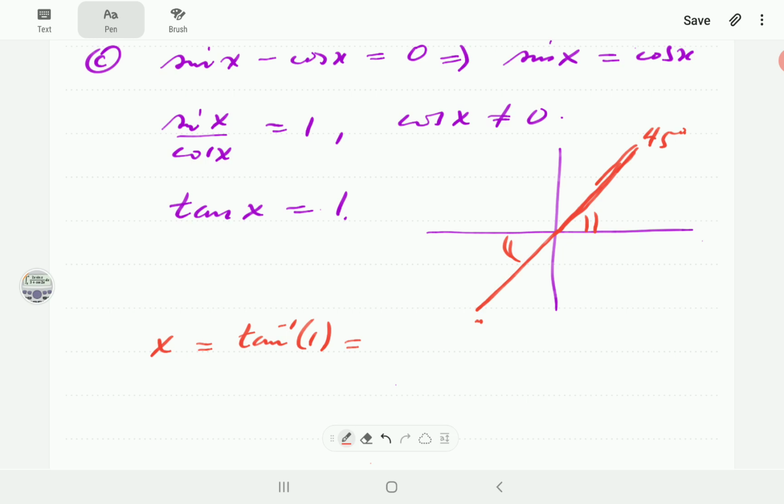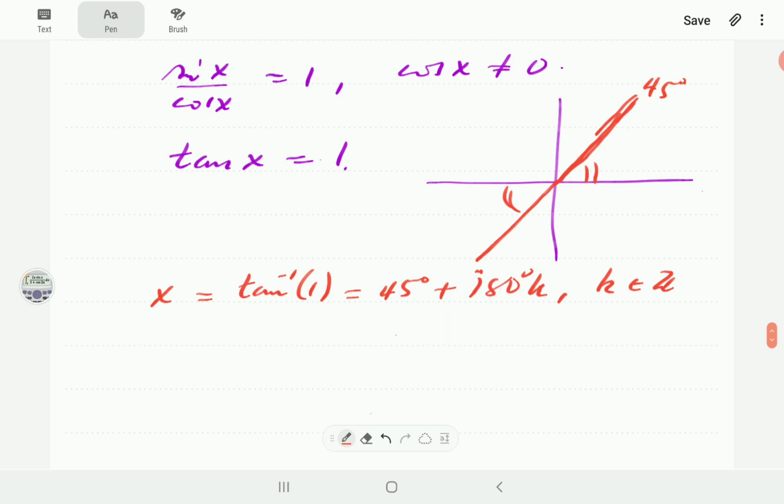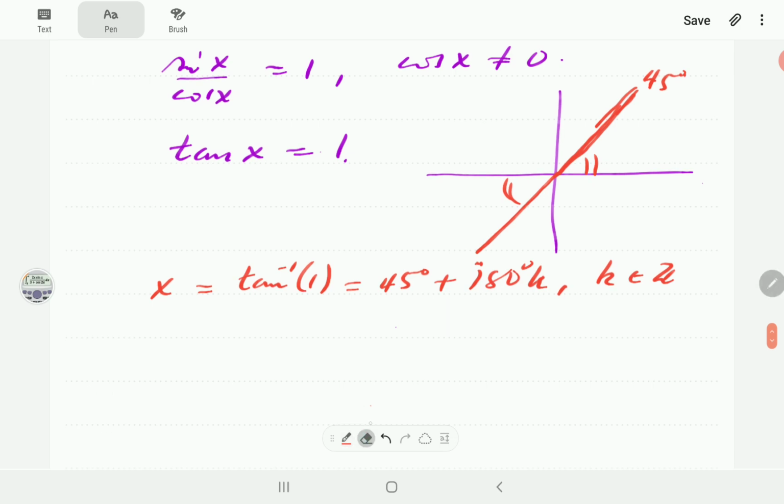So what we're going to do this time is we're simply going to write 45 degrees plus multiples of 180, because the two angles lie in a straight line. So that's one way we can write this.